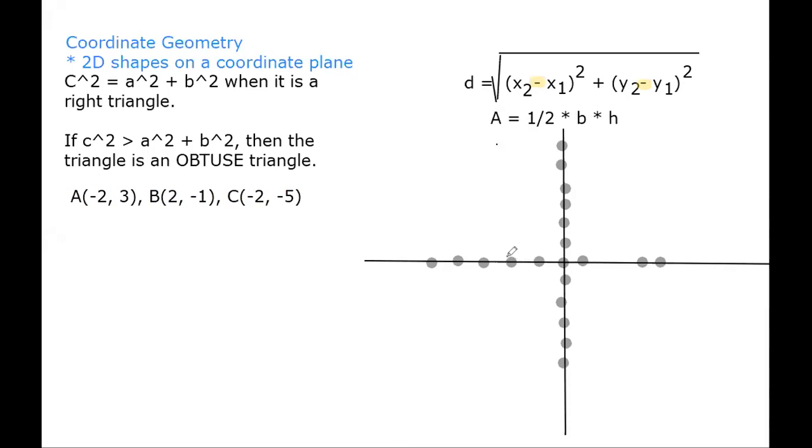So we're at -2, 3. That is about right there. Then we've got 2, -1. That is about right there.